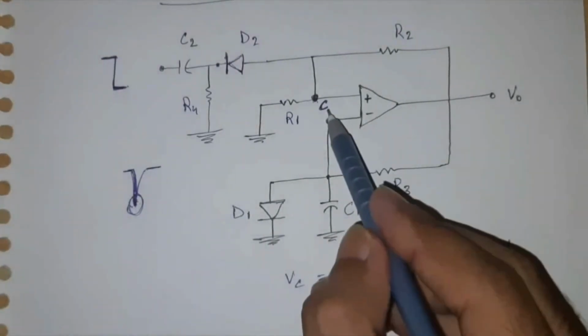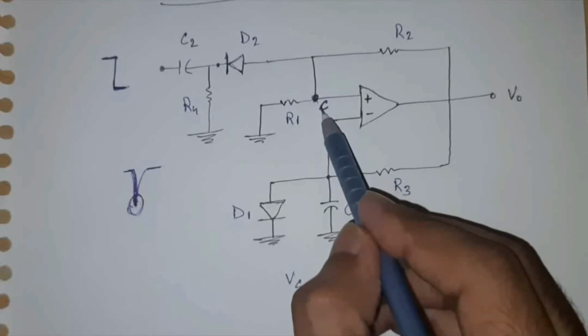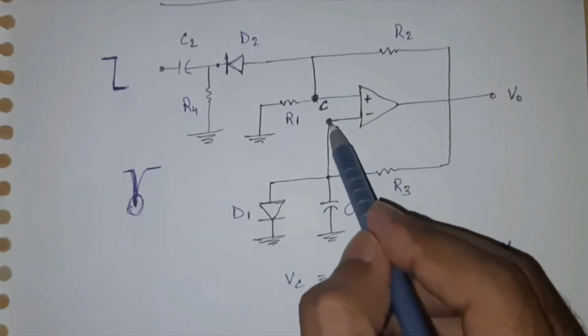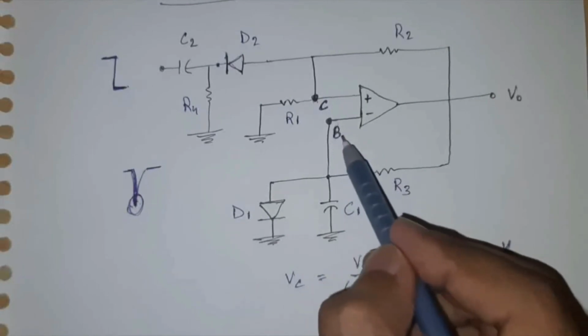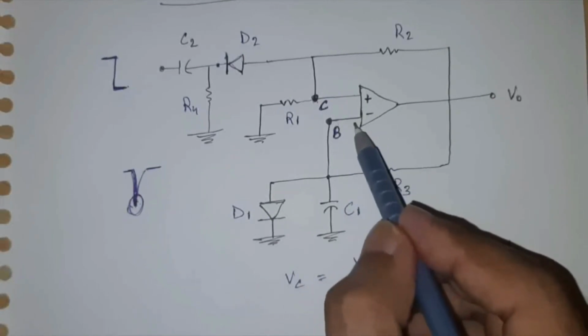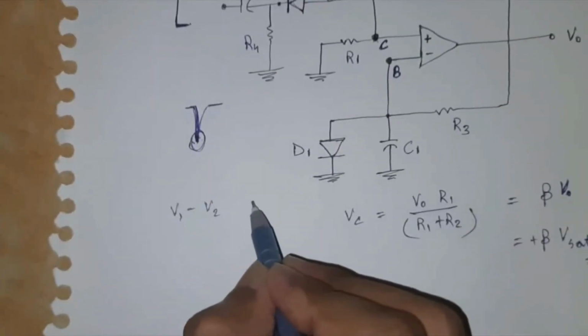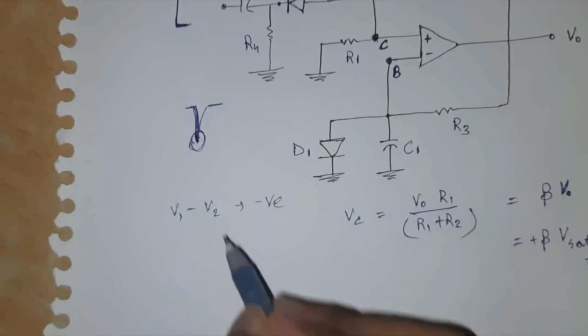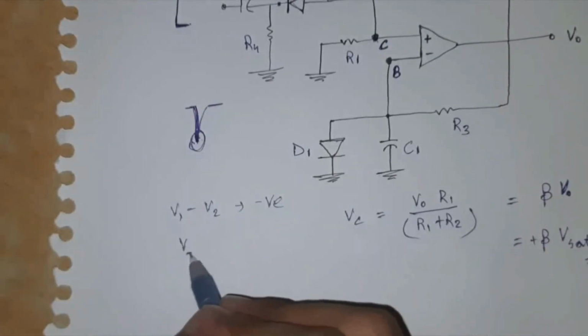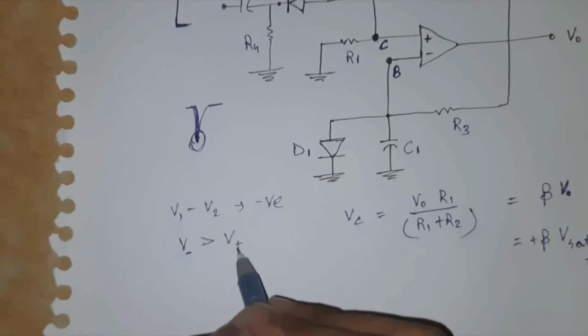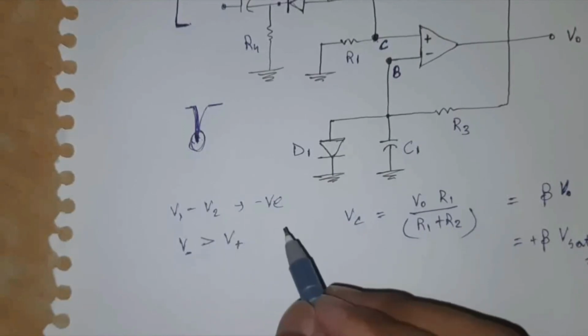Now when the negative spike appears here at point C, this terminal just for the moment is at a lower potential than this point B, the inverting terminal. So we can say that V1 minus V2 is negative, or the inverting terminal is at a higher potential than the non-inverting terminal just for a very short moment.